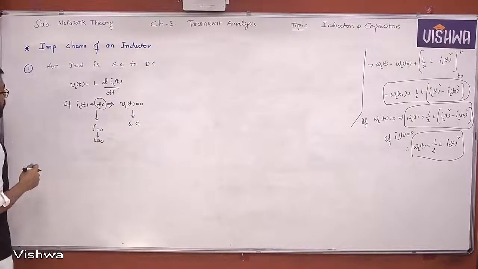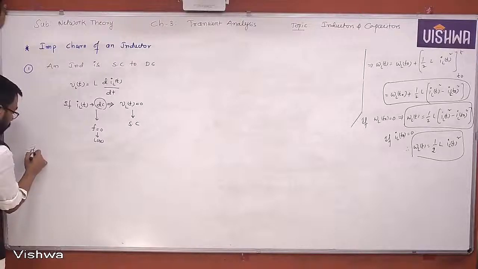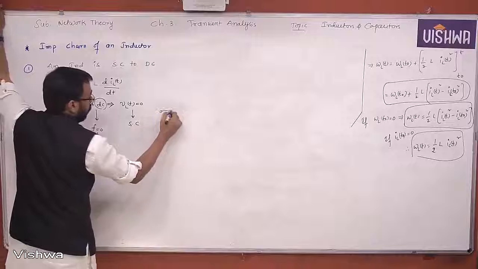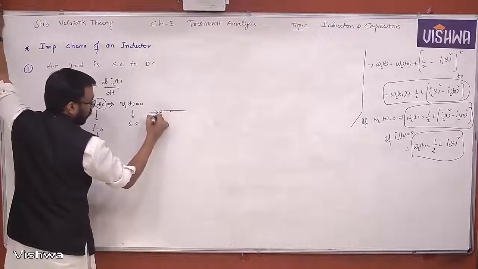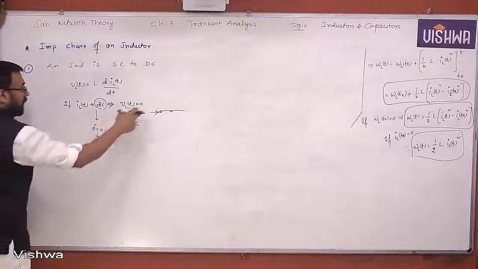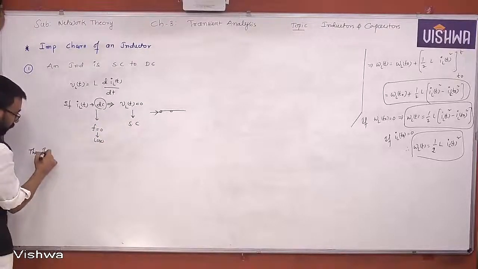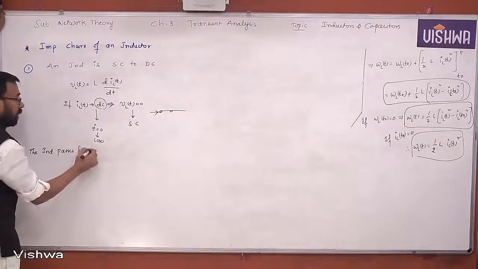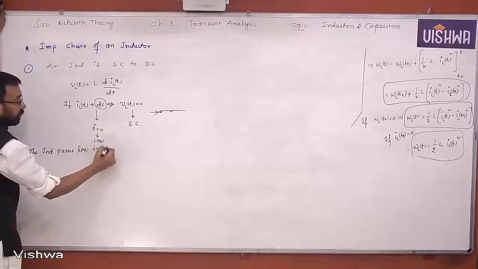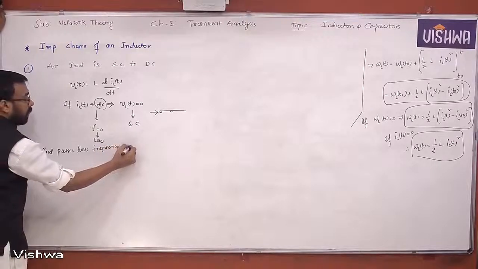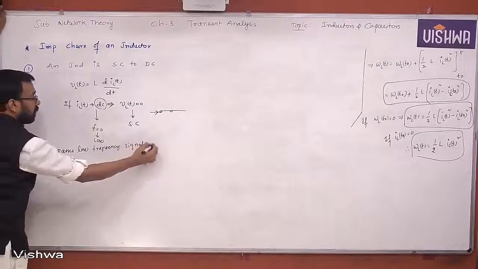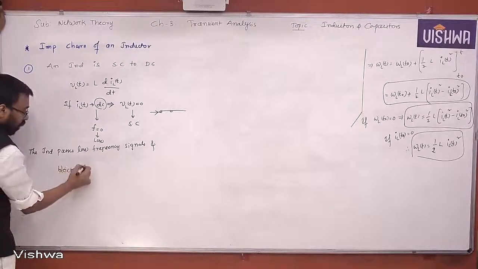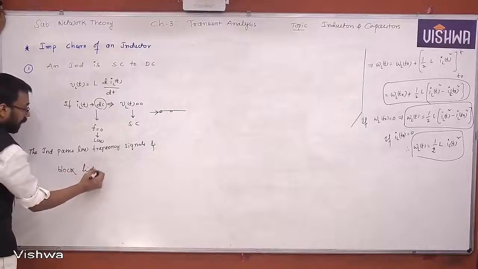That is why we can write here the inductor. What is it doing actually? Short circuit means passing. Yes or no? The low frequency signal is passing. The inductor passes low frequency signals and blocks high frequency signals.